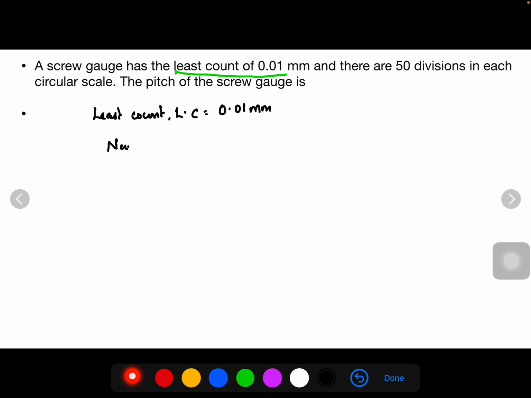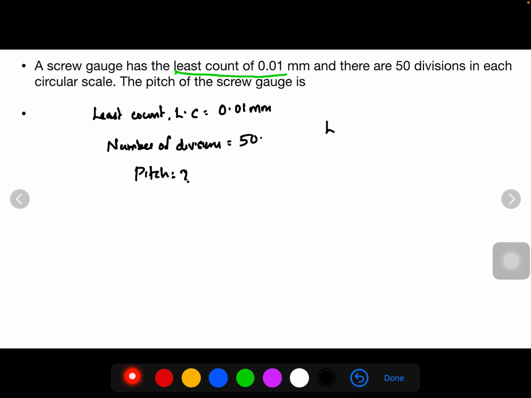So the number of divisions is 50. And the question is, what is the pitch of the screw gauge? So we have to find the pitch of the screw gauge.